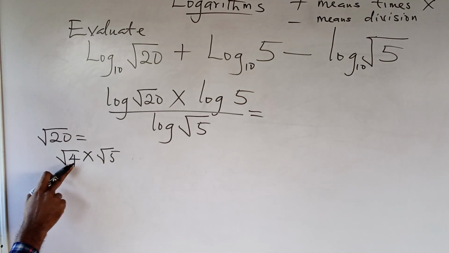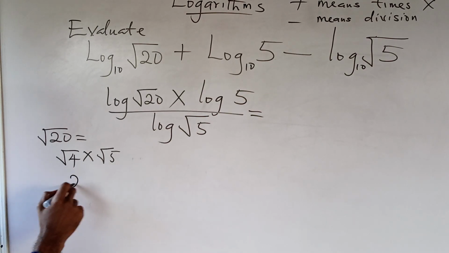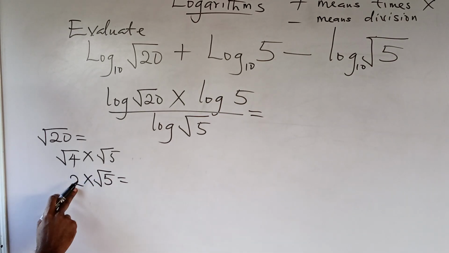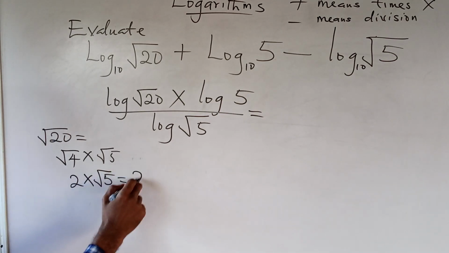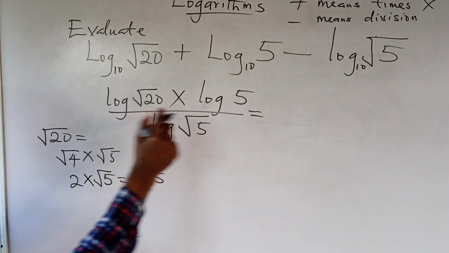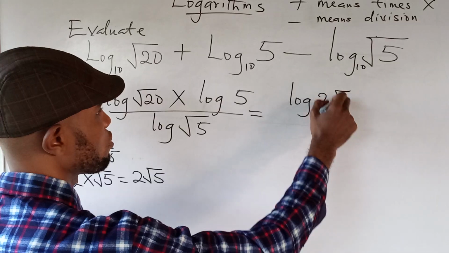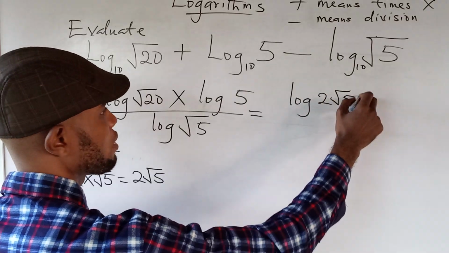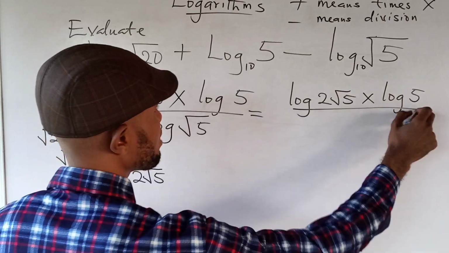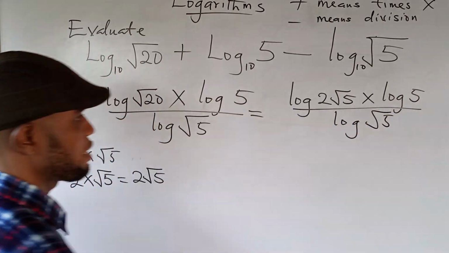And this 4 now, 4 is a perfect square. So I can find square root of 4, which is what? 2 times this root 5. So if I multiply 2 by root 5, I'm going to have 2 root 5. So that means this root 20 now is going to become log 2 root 5, then times log 5 divided by log root 5.